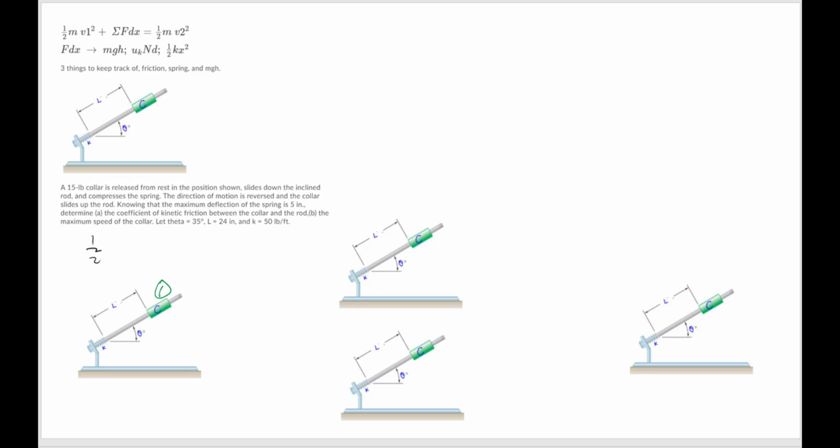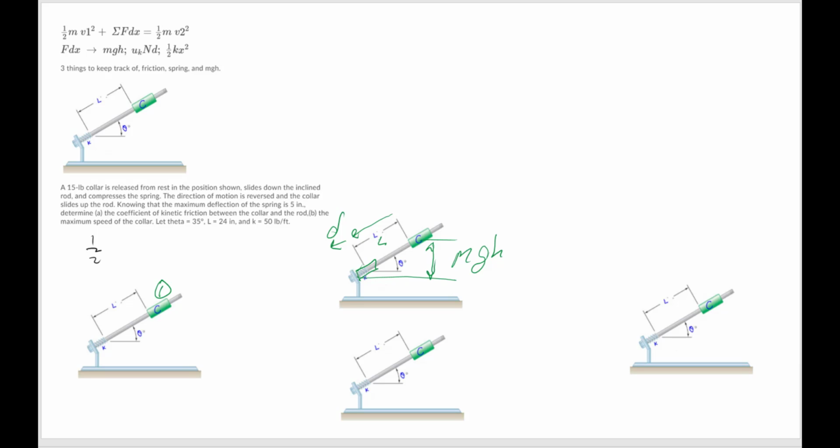And then we want to figure out the maximum deflection of the spring. So it's actually going to slide down the length, and then it's also going to compress the spring. So the final position is going to be some combination of that. So it's going to be an MGH that happens, where this is going to be a combination of the length, and I'll call this D for deflection of the spring.